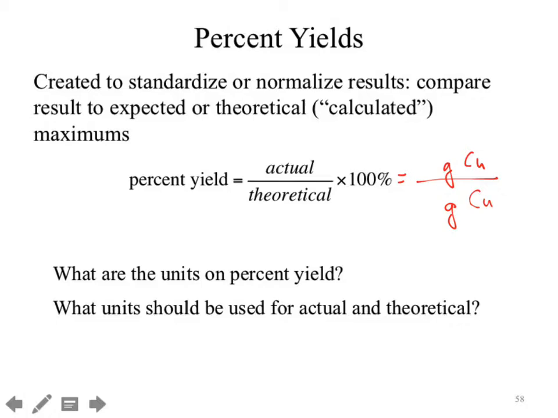What happens when we move to a chemical reaction, however, is that that theoretical now will have to be calculated. So when we look at a percent yield, it is oftentimes also referenced as actual over the calculated yield. Because almost always the theoretical yield is something you will have to calculate. How will you calculate it?